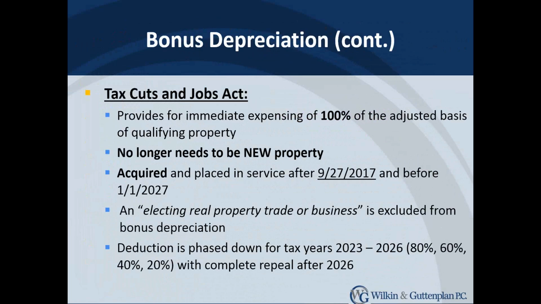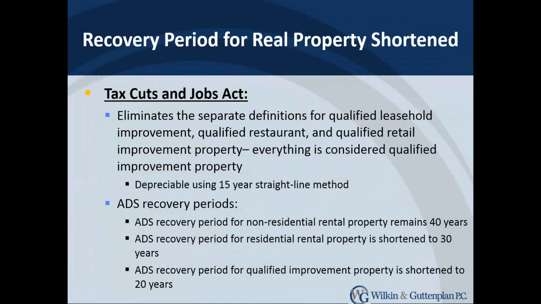And it is scheduled to phase down for tax years starting in 2023 and scheduled to be completely repealed after 2026. And some additional changes from the Tax Act apply to the ADS recovery periods, that decelerated method I mentioned earlier, which you'll see might apply in another provision down the road.